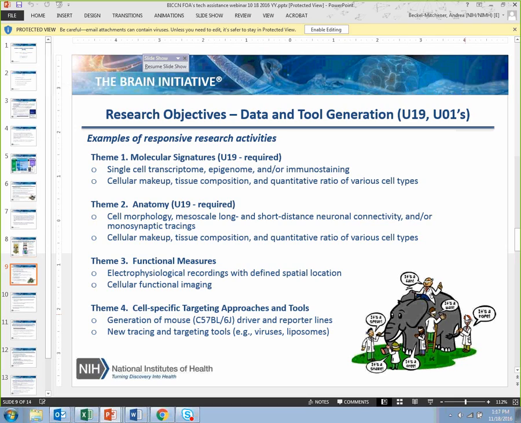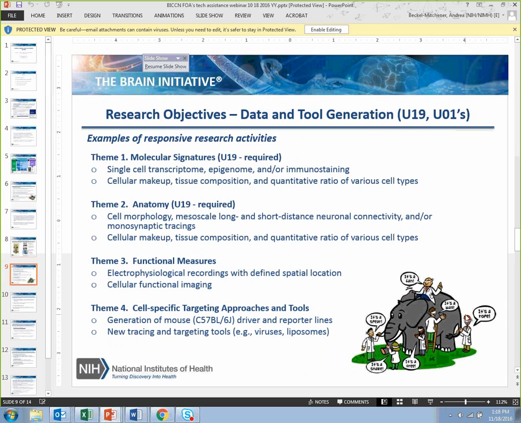For U19 center applications, the U19s are required to cover at least two themes, that are molecular signatures and anatomy. The U01 application can elect one theme focusing on the generation of one specific data type.